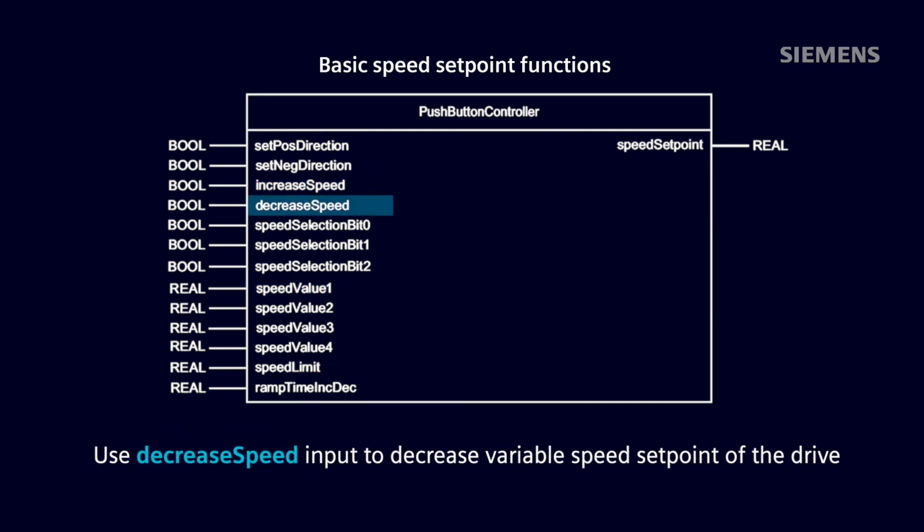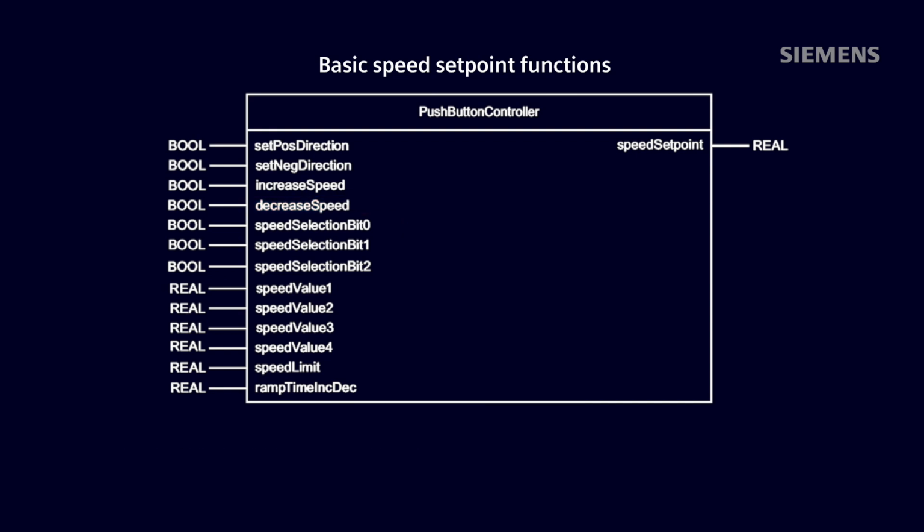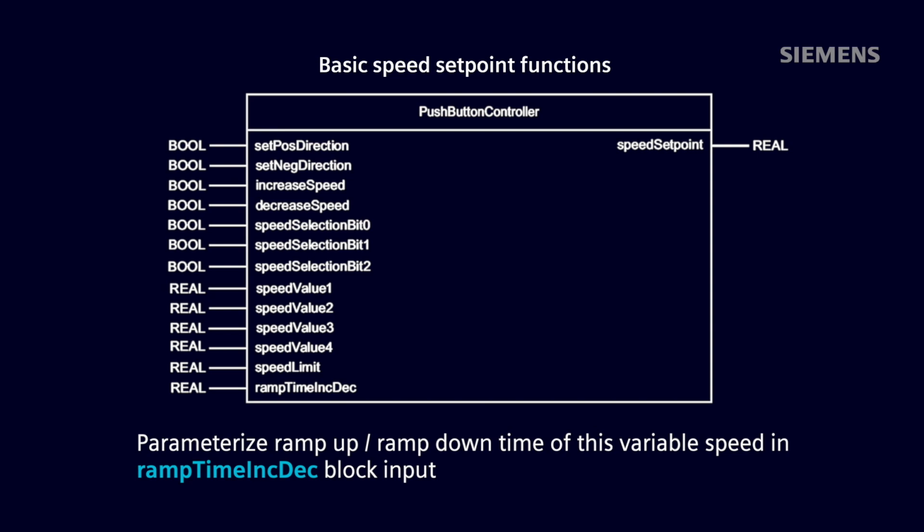The decrease speed input can be used similarly to decrease the variable speed setpoint of the drive. Users can also parameterize the ramp up and ramp down time of this variable speed in the ramp time INC DEC block input.